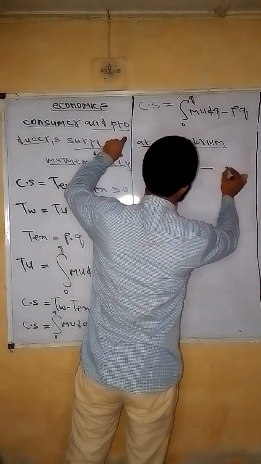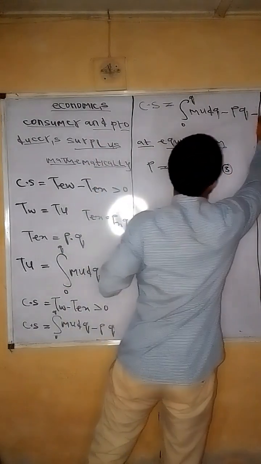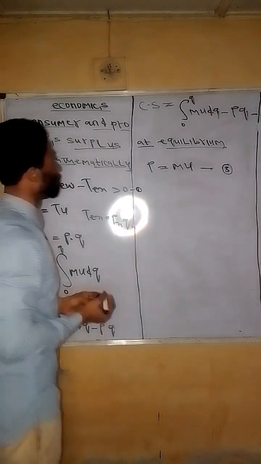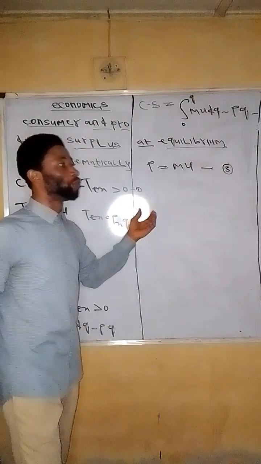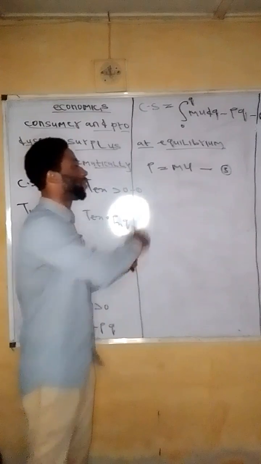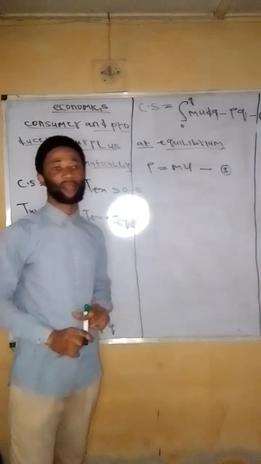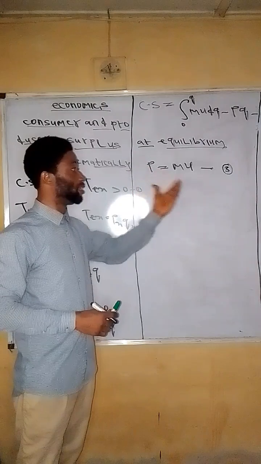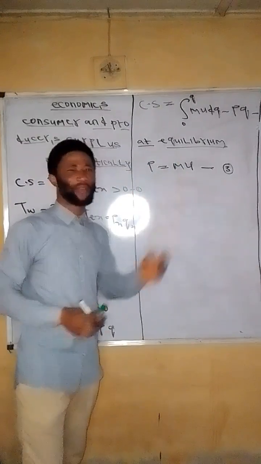I can call this equation number 3, I can call this equation 2, and I can call this equation number 1. My viewers should know that economically, every rational consumer is said to have attained equilibrium when the price they are paying for a commodity is equal to the marginal utility of that commodity.